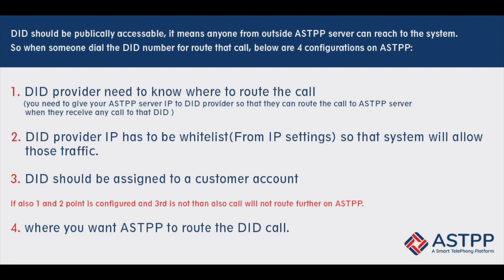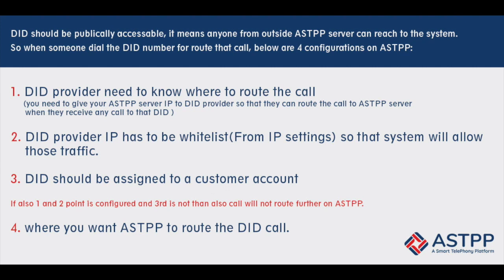Then the third configuration is that the DID should be assigned to a customer account. As I already showed in this video, the customer can purchase the DID or the admin can assign the DID to a customer account for making an inbound call.